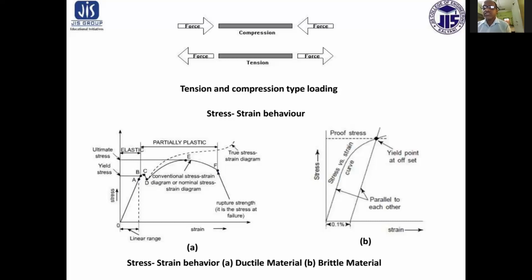So brittle material is not suitable in case of tensile loading. The stress strain diagram is also shown. While increasing the load or stress, the corresponding strain increases linearly up to a point termed the elastic limit, and after that, with a certain increase in load, failure occurs for a brittle material.